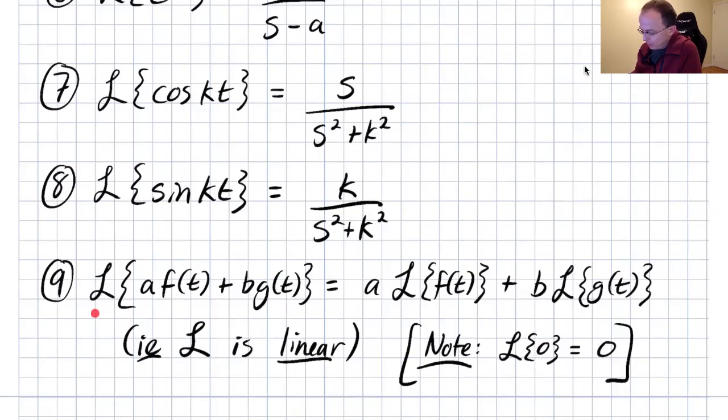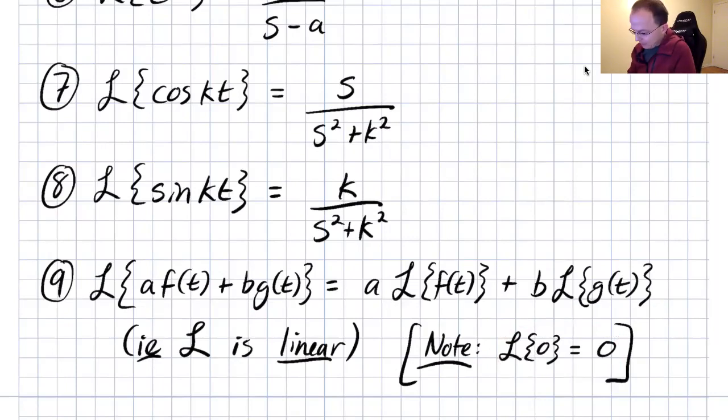So the Laplace transform of a linear combination of two functions is simply a times the Laplace transform of f plus b times the Laplace transform of g. We can distribute the Laplace transform across the sum, and we can factor out the constants in front of the functions. One important thing to notice from this is that if a and b are both 0, then we get 0 times this plus 0 times this, which gives us 0. So the Laplace transform of 0 is 0.